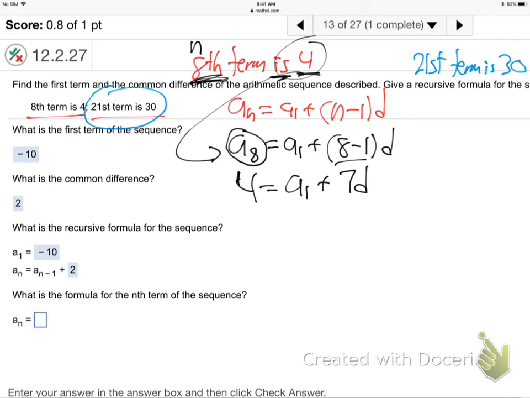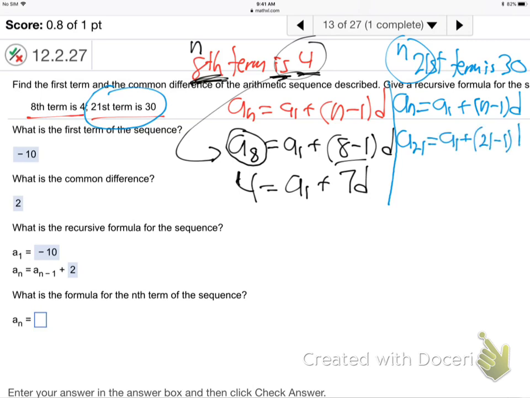So right over here, A sub n is A1 plus (n minus 1)d. Plug in 21 for n. So A sub 21 is A1 plus (21 minus 1)d. And what's A sub 21? What is the 21st term? It's 30. So put in the 30, and this is 20d.